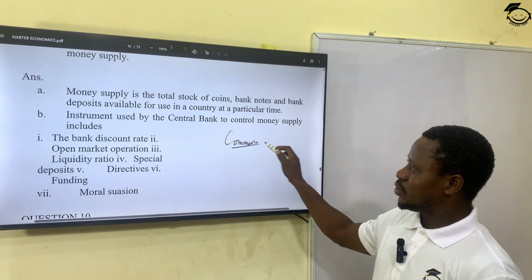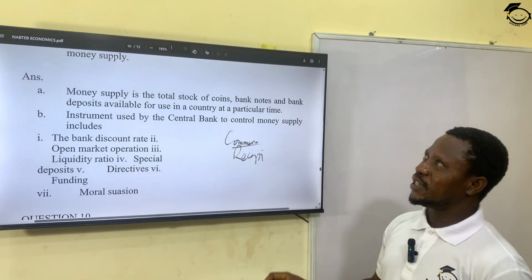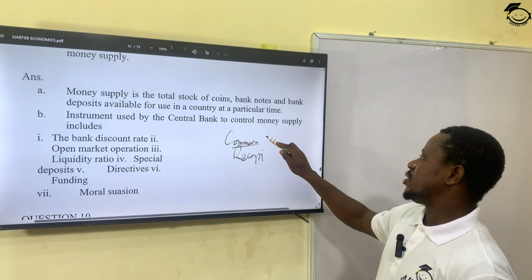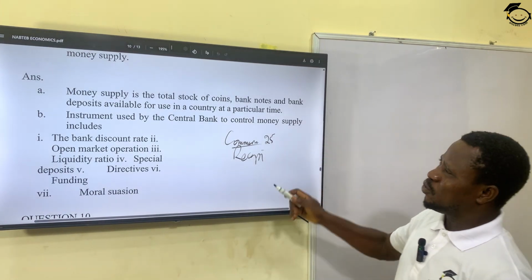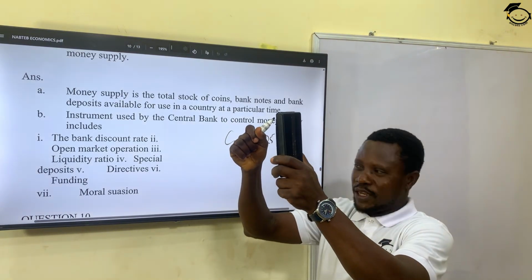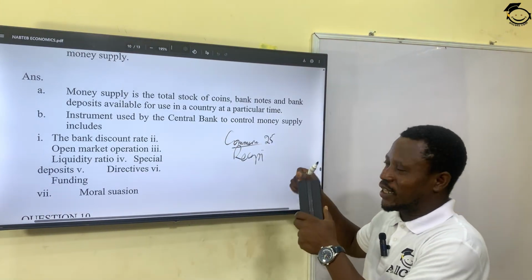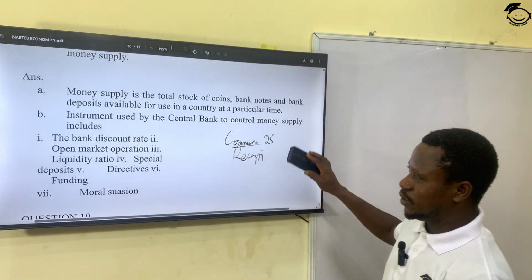And because of that, most of the commercial banks will be forced to recapitalize. All right? There's a point they say a bank should have, is it 25 billion, okay, as a special deposit. This is money this commercial bank is expected to keep with the central bank, okay? And they don't access it unless there are issues, there are problems with that particular bank before they can access that special deposit.